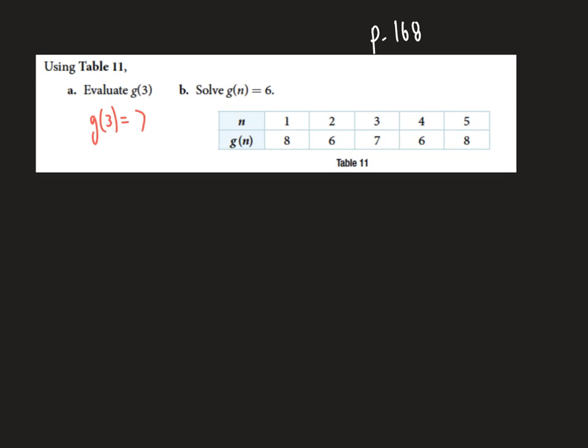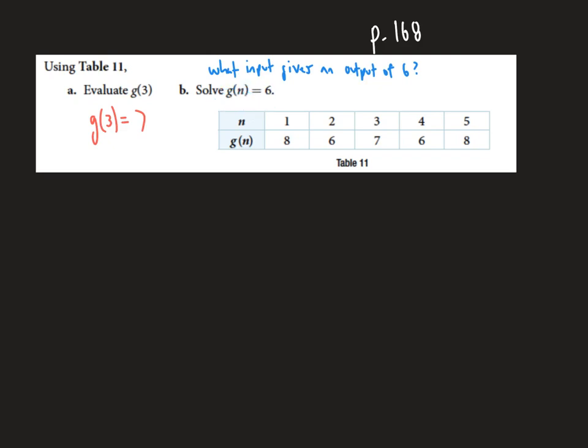I can also do it the other way around, so it says g of n is 6. Notice that it's not saying that n is 6, it's saying g of n is 6. So this is saying the output is 6. What input would give me an output of 6? See how much shorter that is? g of n equals 6 is asking what input gives an output of 6.